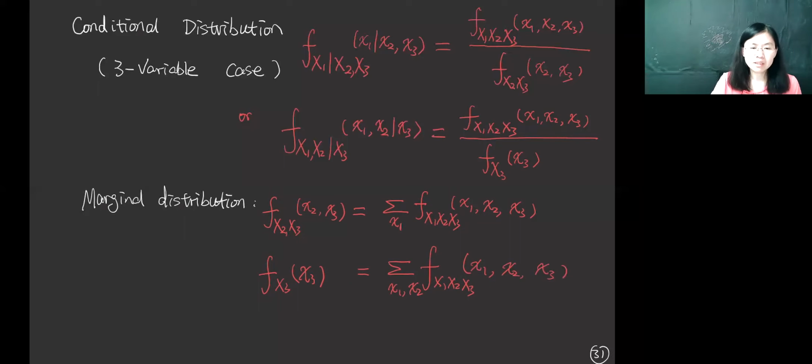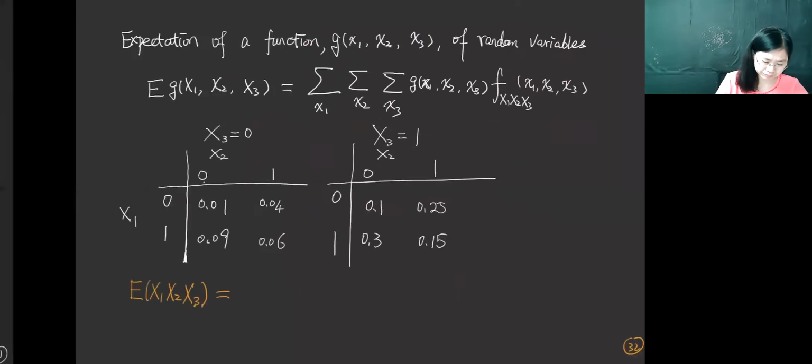All right, so these are the conditional and marginal distributions that can be generated from a joint distribution of three random variables. Obviously, with more complicated notation, you can define these quantities in the case where there are more than three random variables.